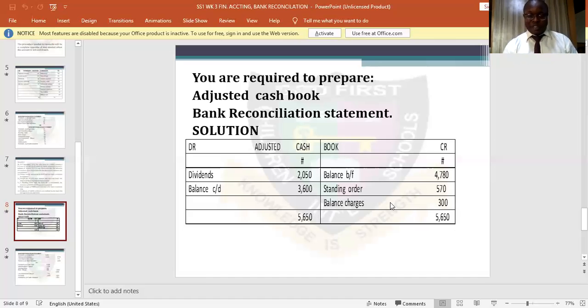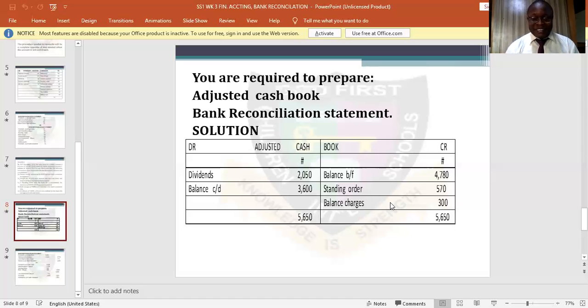So let us move to the debit side of the adjusted cash book. On the debit side, we have dividend, and that dividend is an income to this trader's account. So we have only that amount at the debit side, 2,050 naira.